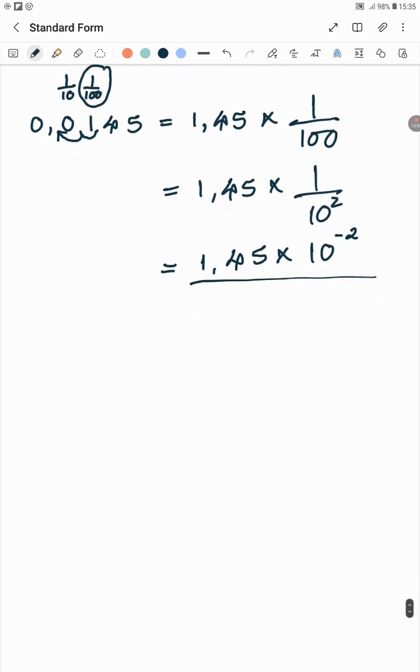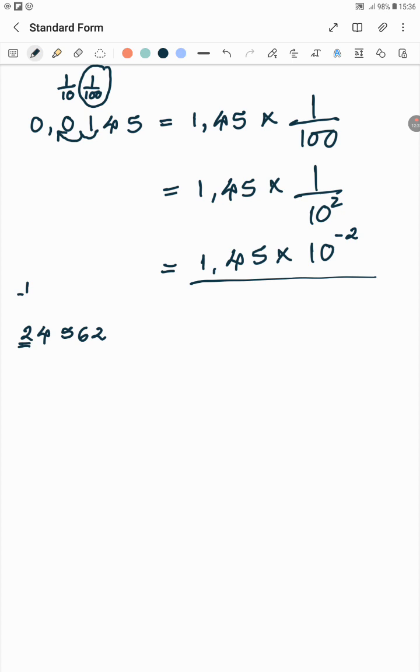If we have another number, 24,562, and you are asked to express it in standard form. This is the digit that we want. It's the first non-zero digit that we have, which is 2, right?